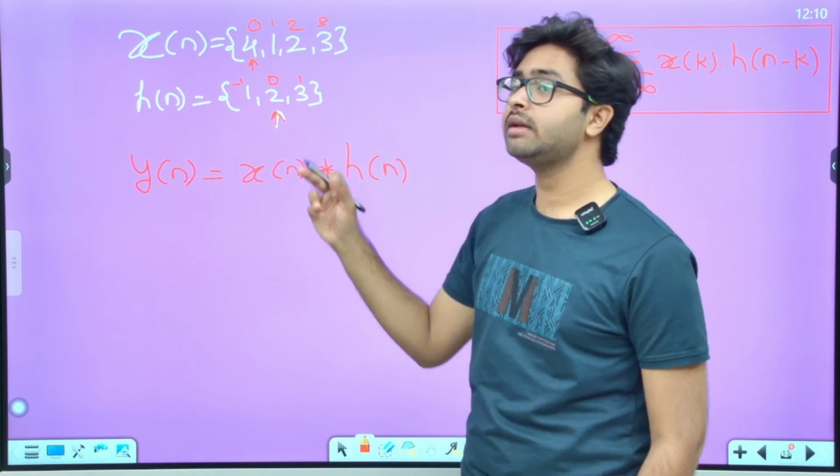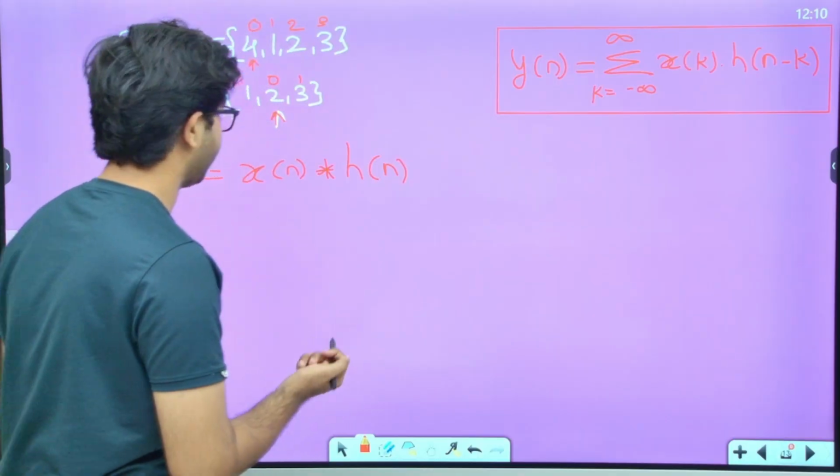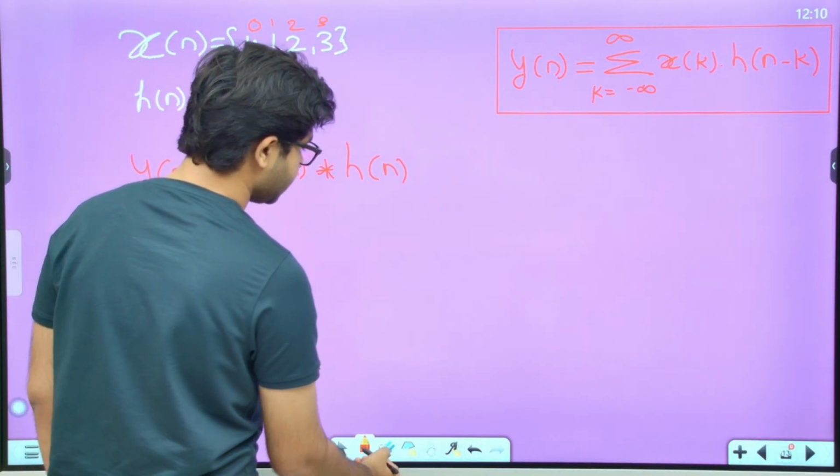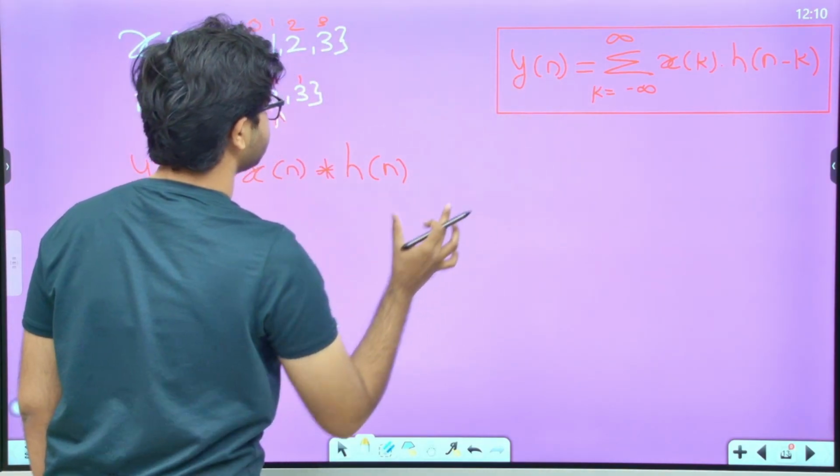But if the arrow is given, that element is considered the element at the zeroth index.